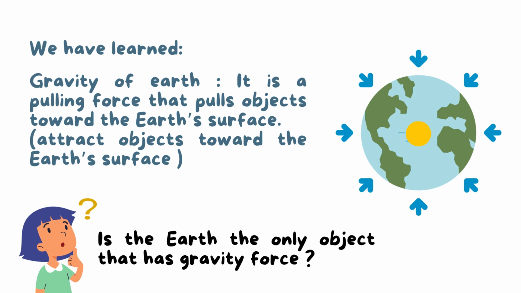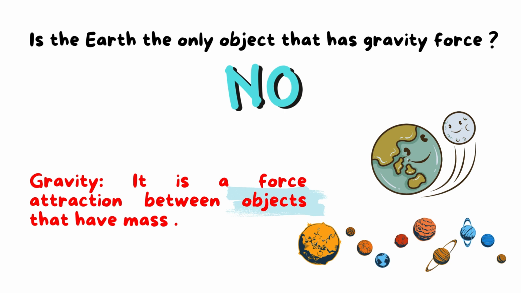So, is the Earth the only object that has a gravity force? What do you think? The answer is no. Gravity is a force of attraction between objects that have mass.